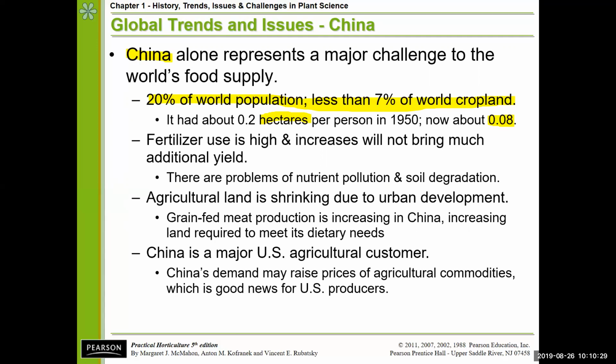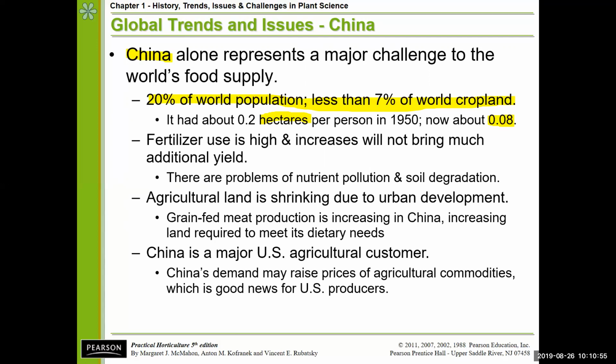In 1950, they say it had about 0.2 of a hectare per person. And now we're looking at 0.08 of a hectare. A hectare is about 2.5 acres in U.S. units. So if you think about that, 0.08 of a hectare is very little land per person.